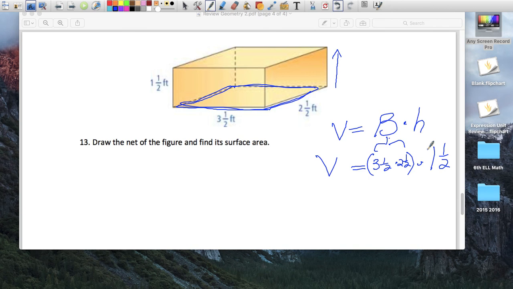It's 1.5, and the instructions didn't say anything about rounding, so I'm going to leave the answer as it states in my calculator. 13.125 feet to the third power. And those of you who used a fraction, you probably got 13 1/8 feet cubed. It means the same thing.